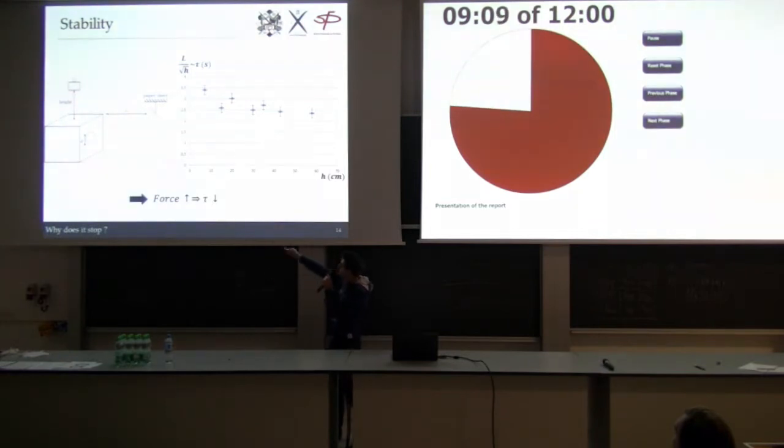We use this experiment: we have the vortex cannon, and we let a mass fall on the cannon, so as to communicate an energy to the cannon.